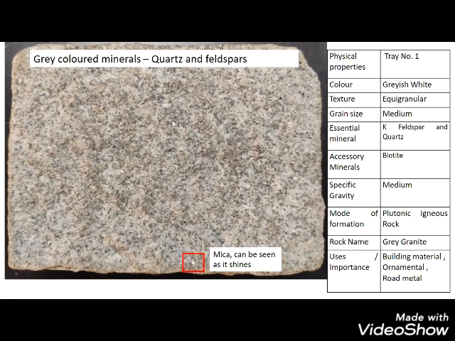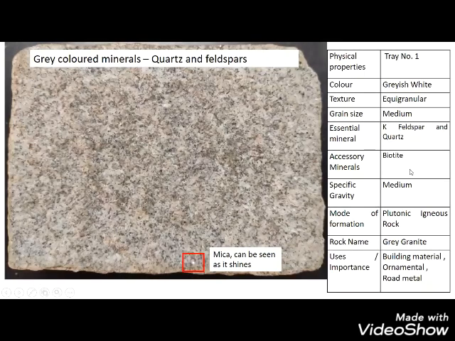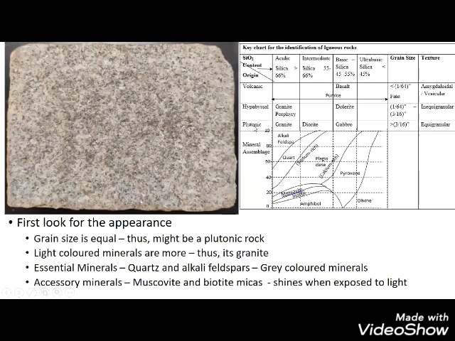Okay, so for the essential minerals, you can go back to the chart. You have already identified this to be granite. So alkali feldspars and quartz are the essential minerals present in this rock. So in the essential mineral section, you will write potassium feldspars and quartz. And what would be the accessory minerals? Accessory minerals means they are present in very, very small amounts.